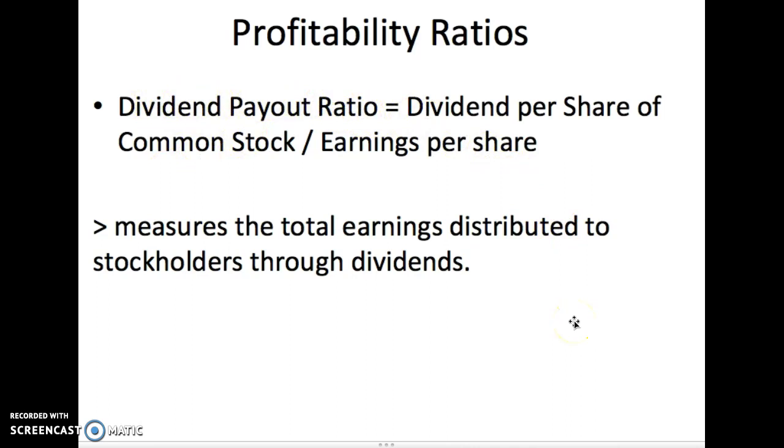This measures the total earnings distributed to stockholders through dividends. And when you say dividends, this pertains to cash dividends. So what we can do is divide the dividend per share of common stock by the earnings per share. And there you have it. This ends the financial statement analysis chapter.